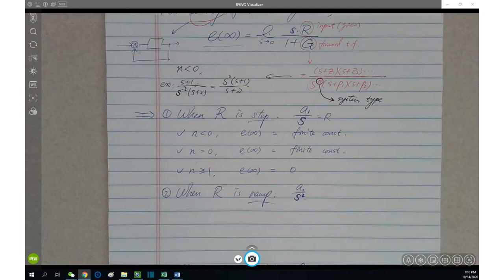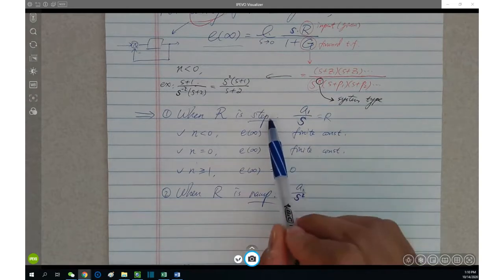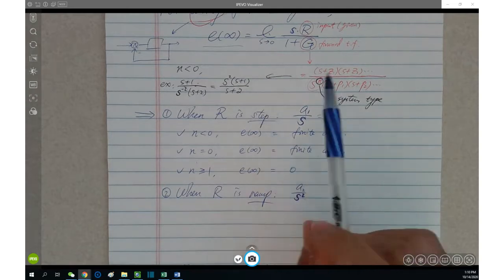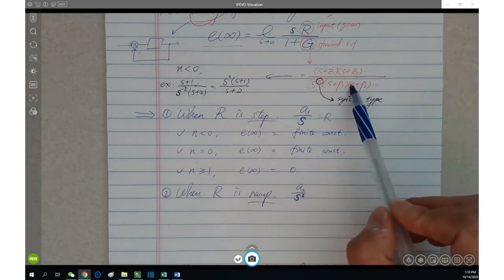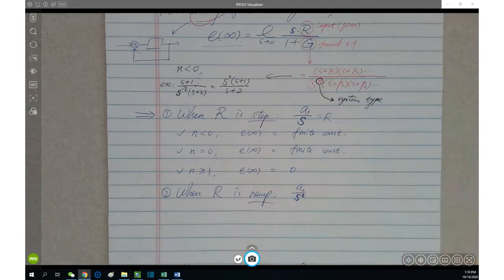So from here, you can easily tell: given the step input, you observe the system type. If you see the system type is 2, what's your conclusion on the steady state error? Once again, the given input is step, the system type is 2, and the steady state error is zero, directly 0.